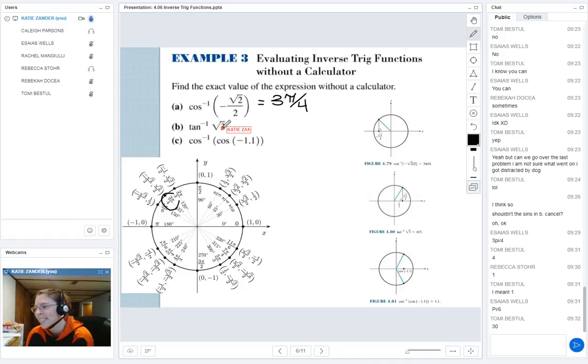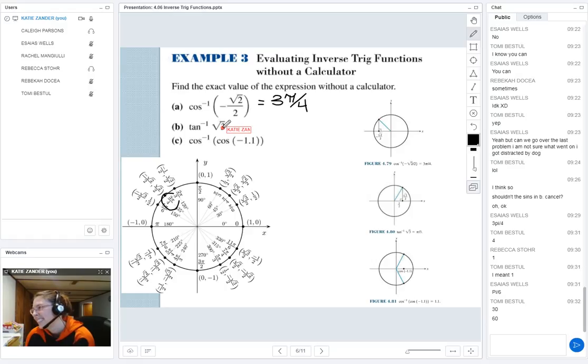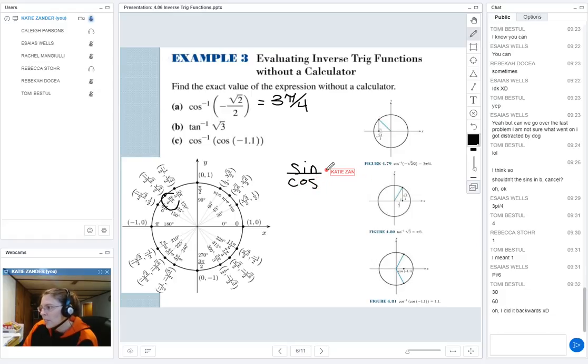If you had to guess again, what would you guess? It is 60. Yeah, remember tangent is sine over cosine. So the sine values would come second. I'm guessing you guys did it backwards.